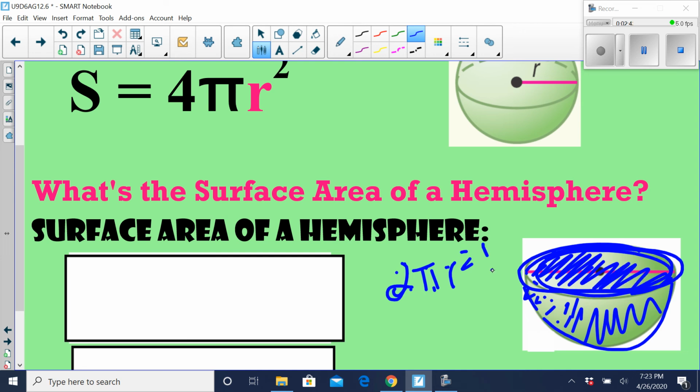So area of a circle would be pi r squared. So if I have 2 pi r squared plus a pi r squared for that base, what do I actually end up with? The surface area of the hemisphere is actually going to be 3 pi r squared, and that's the formula that we're going to be using for the surface area of the hemisphere.